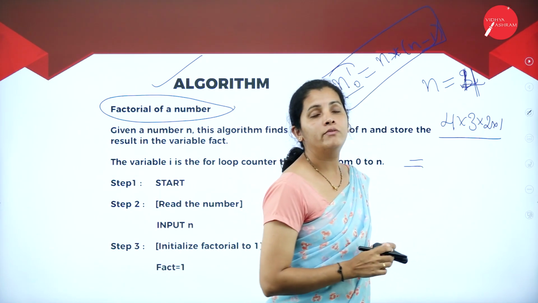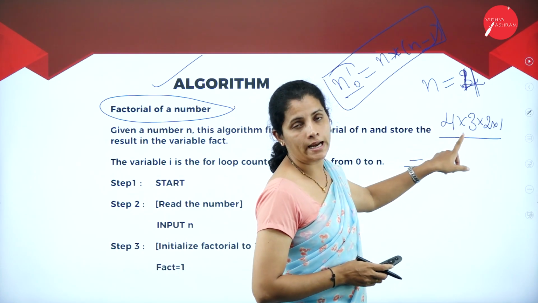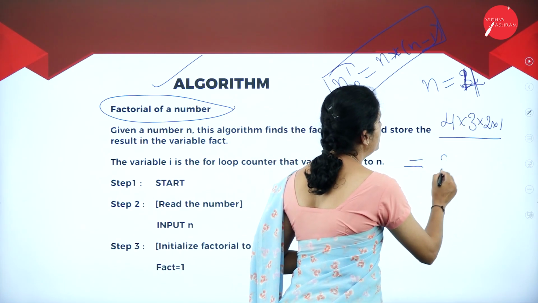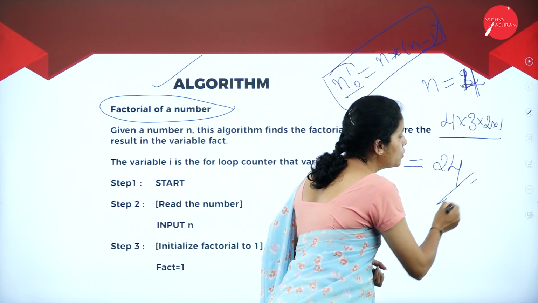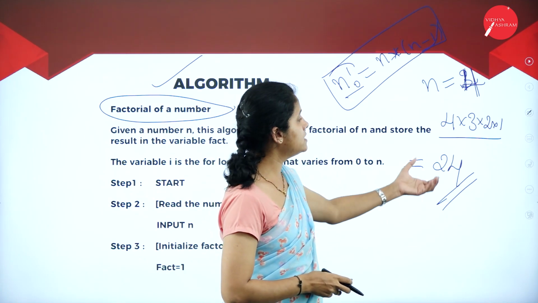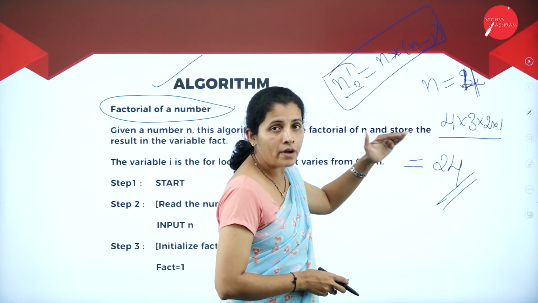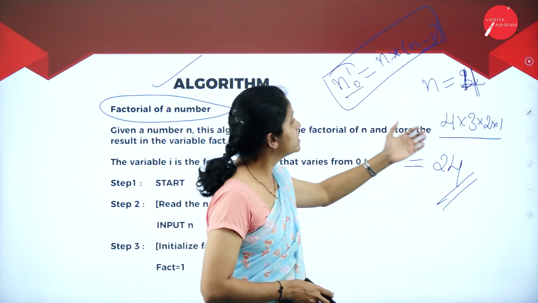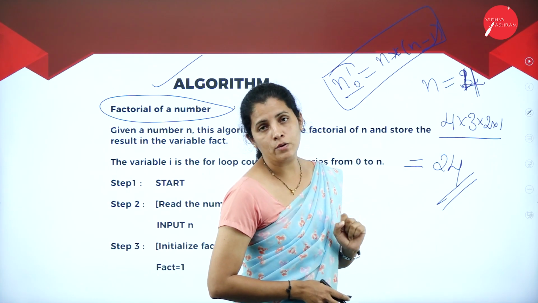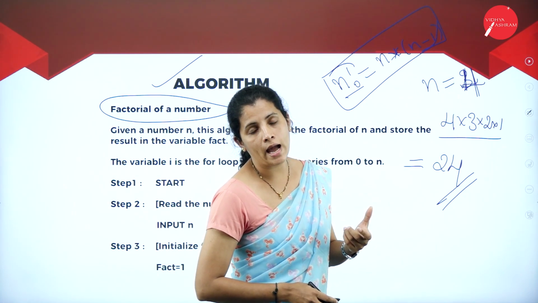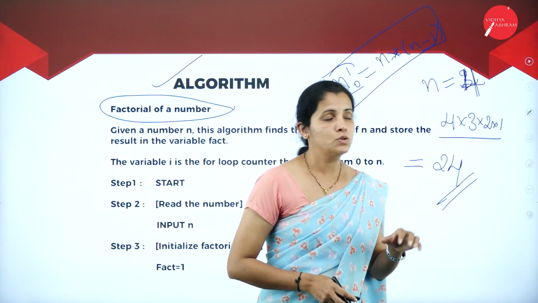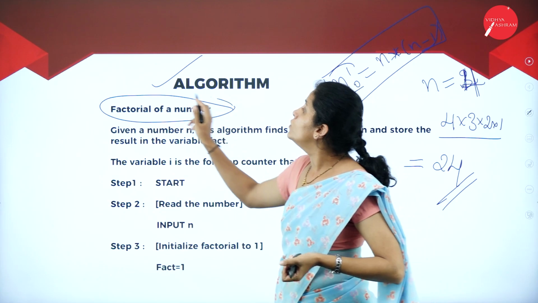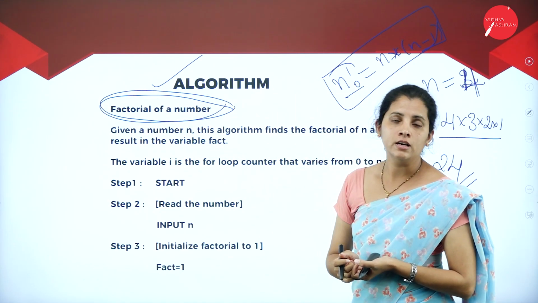I'm going to have 4 into 3, that is 12. 12 into 2, it is 24. So, the output I get is 24 when n value is 4. Suppose my n value is 5, then the output is 120. So, this is the actual logic behind finding the factorial of a given number.